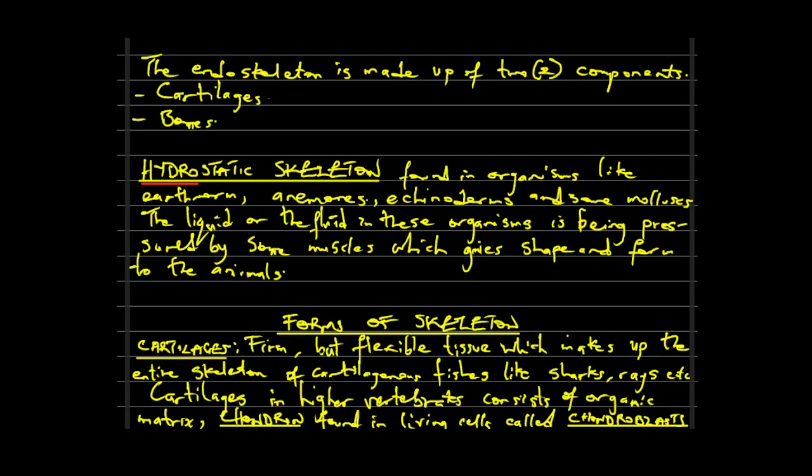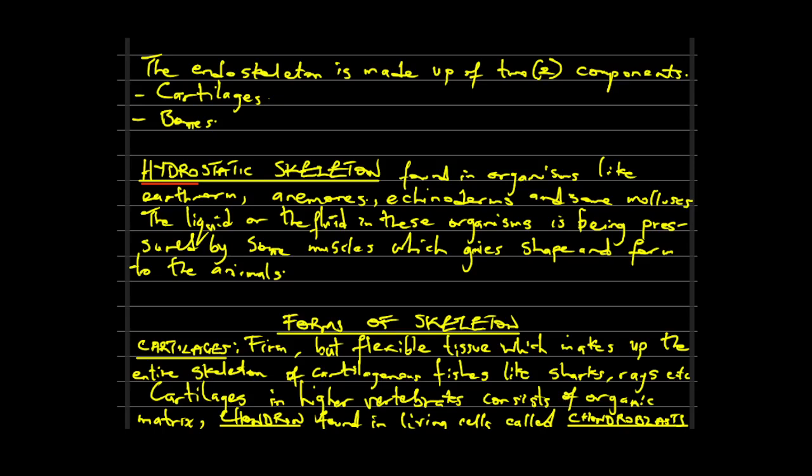So we need to talk about the cartilages. Cartilages are temporarily found in organisms. You don't readily see them throughout the body of that organism, because there's a possibility of these cartilages being transformed into something else.